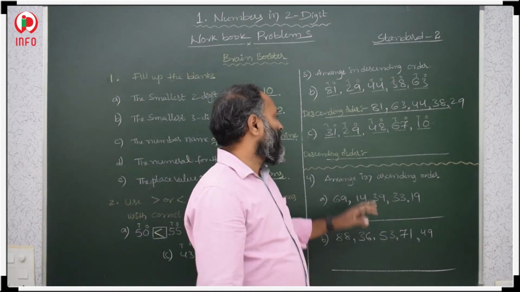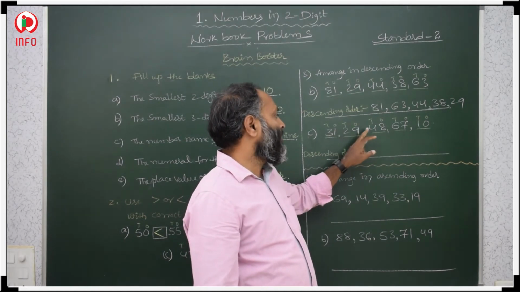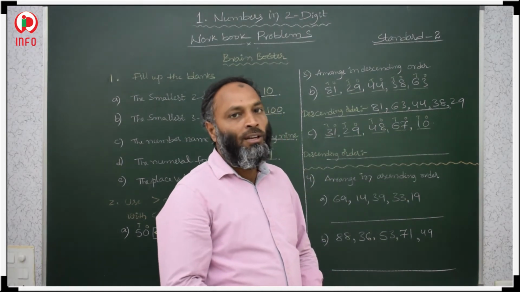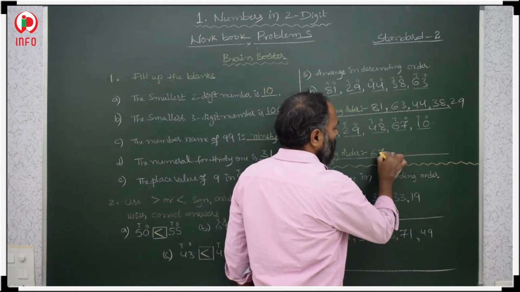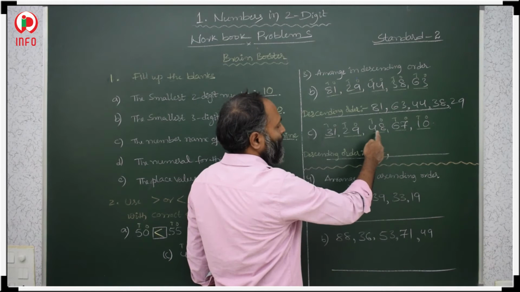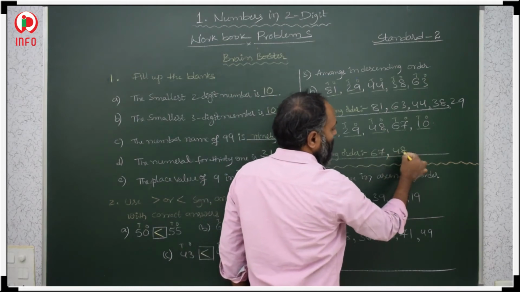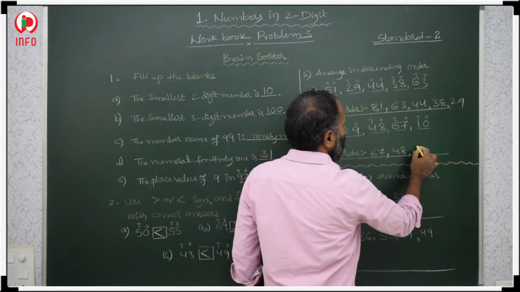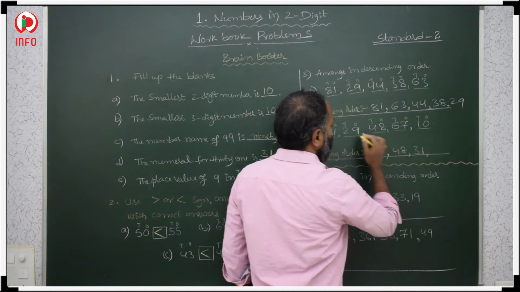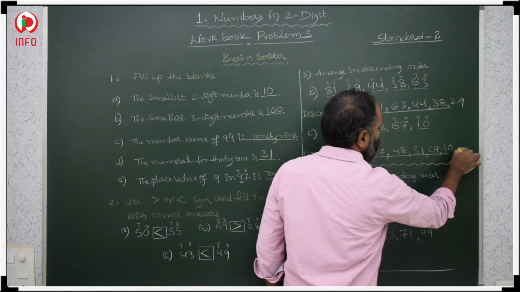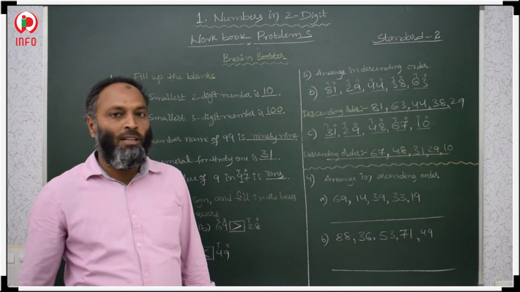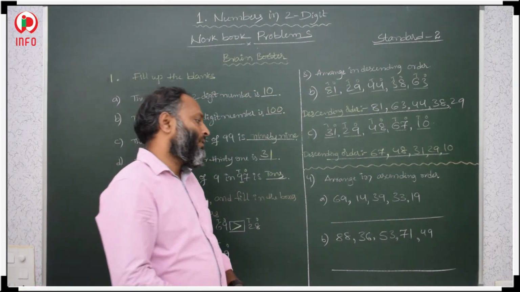Now we have to check the tens place: 3, 2, 4, 6, 1. 6 is the biggest, 67. Then after 6, 4, 48. After 4, 3, 31. After 3, 2, 29. After 2, 1. In this way we have to arrange in descending order, decreasing order.